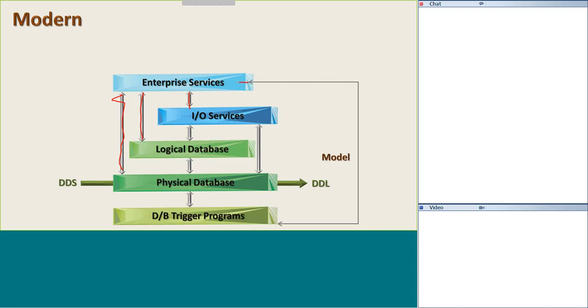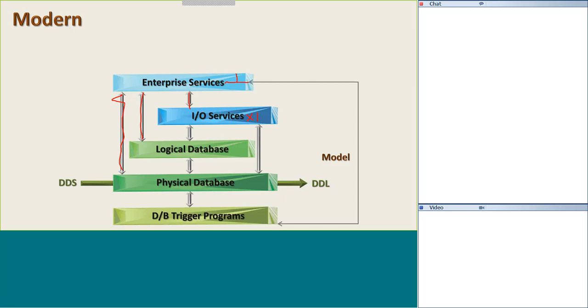What's below this arrow here are more or less services that are focused on the database and usually on multiple database files, whereas the I/O services tend to be a one-for-one relationship with a physical database. The enterprise services can combine more than one physical file or logical file into a service.